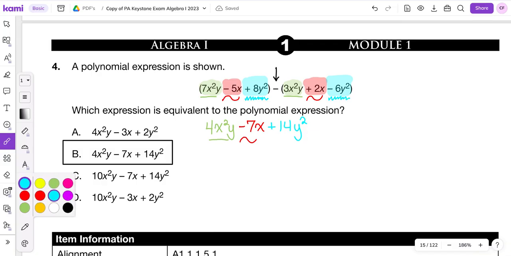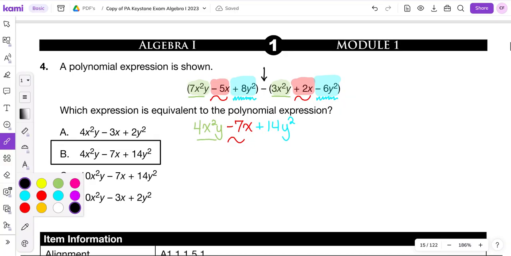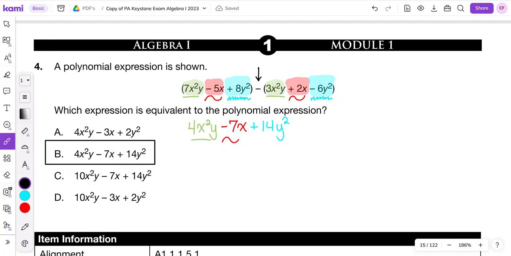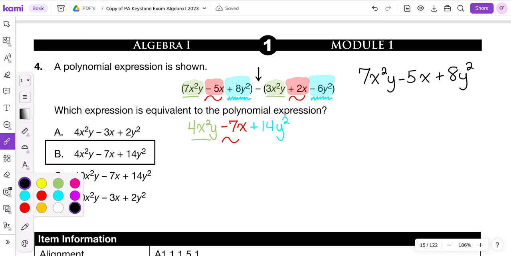And another method we could choose is actually making it in a different format. So we could rewrite the problem like this. 7x to the power of 2y minus 5x plus 8y to the power of 2. And underneath it, we can put the other polynomial expression aligned with its like term.